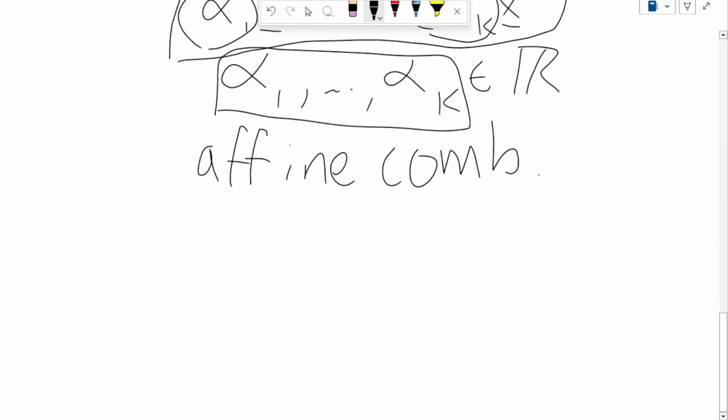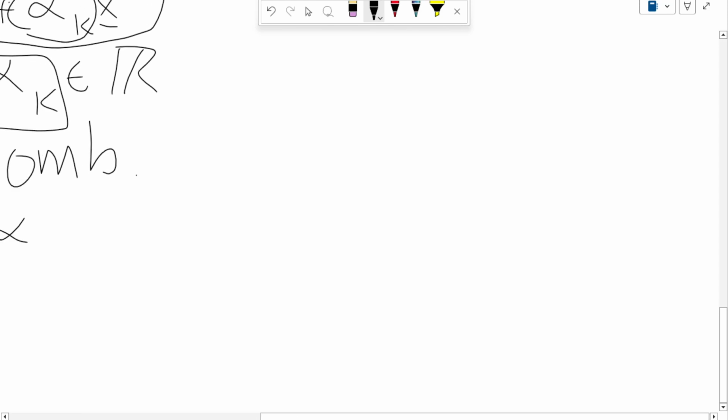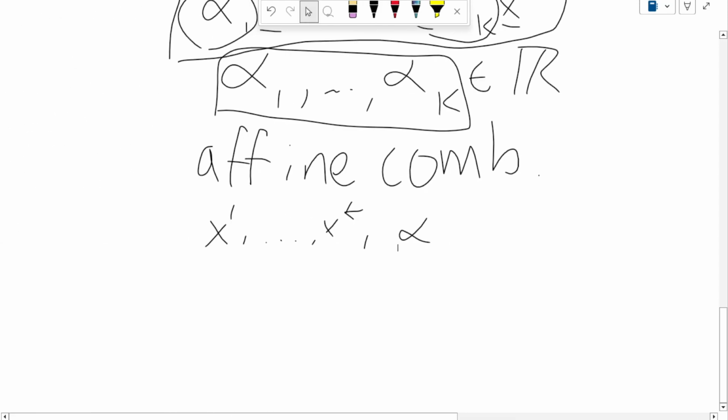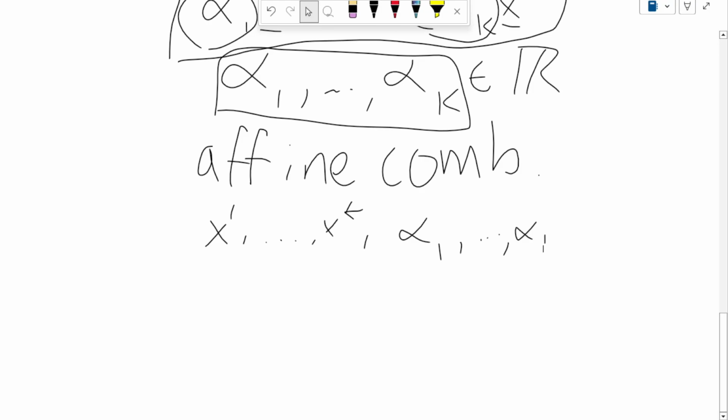So we'll have some x1 through xk again, and we'll have alpha 1 through alpha k.